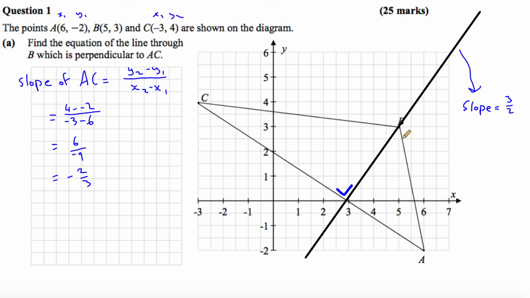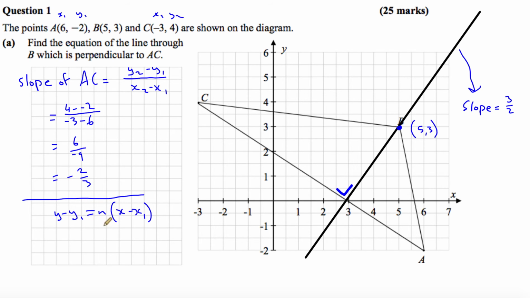And we know it goes through the point B, this point here. Point B is the point (5, 3). So now we can just substitute this slope and this point into the formula for the equation of a line, which is y minus y1 equals m bracket x minus x1.